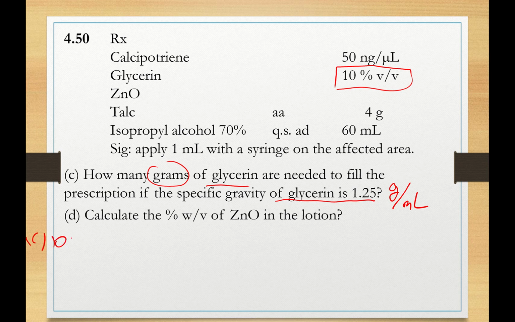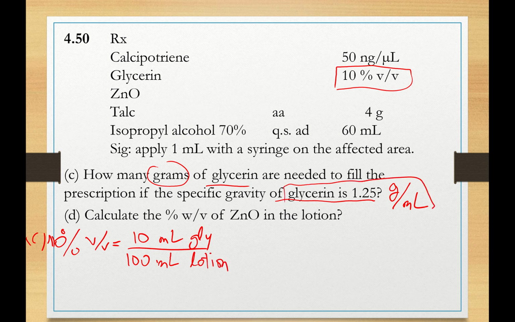10% by volume is basically 10 ml of glycerin over 100 ml of lotion. And now the specific gravity, since it is for the solute, I have to apply it to the numerator where the glycerin is, not the denominator. Be very, very cautious here. So times 1.25 grams per ml.